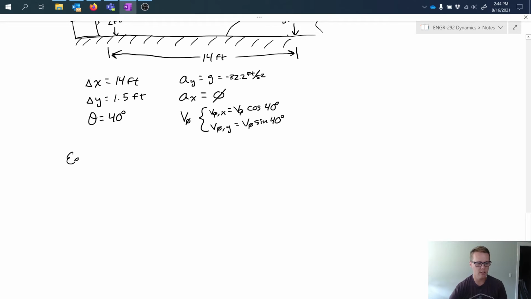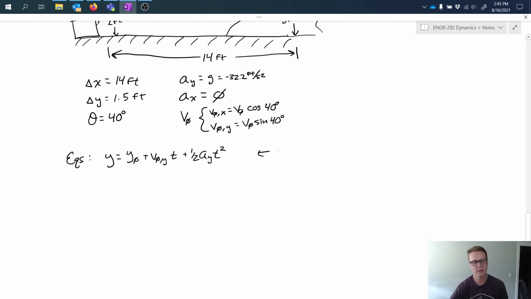So our useful equations are, recalling the equation that drops out of constantly accelerating motion: y equals y naught plus v naught, specifically v naught y in this case, times t, plus 1/2 a_y t squared.